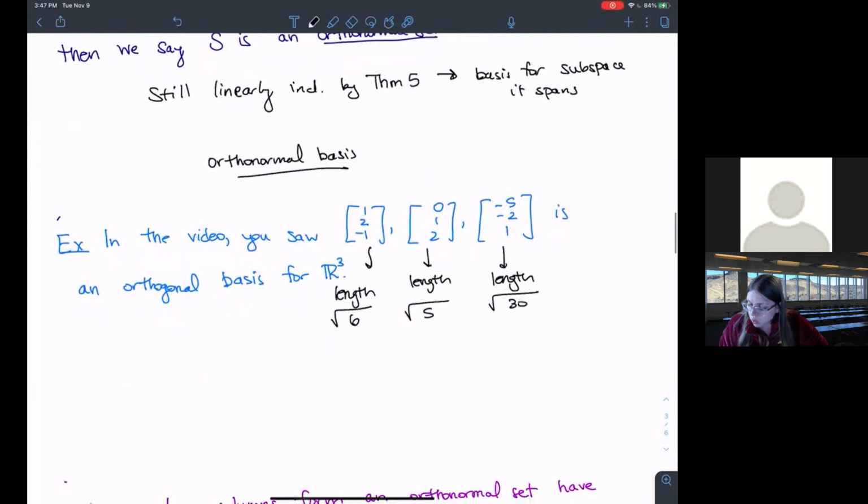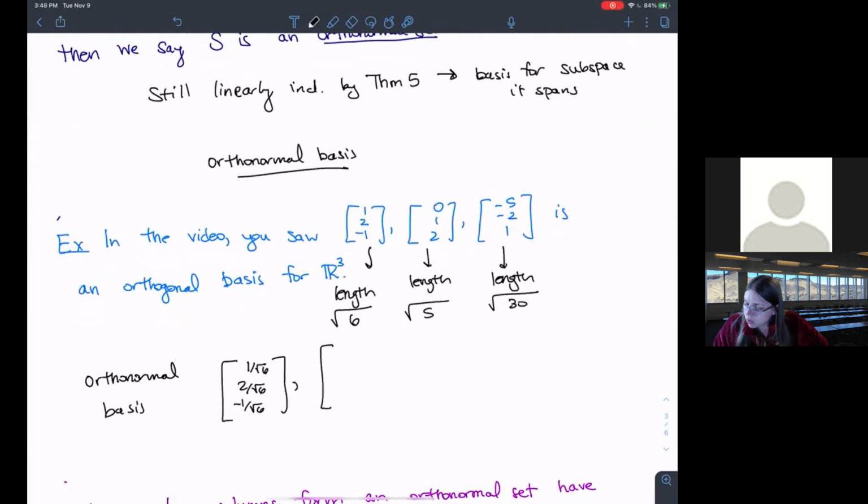And so if I want to create an orthonormal basis, I'm going to take the first vector and scale it by 1 over root 6. Take the second vector and scale it by 1 over root 5. And the last one, I'll scale by 1 over root 30. And I have my orthonormal basis.